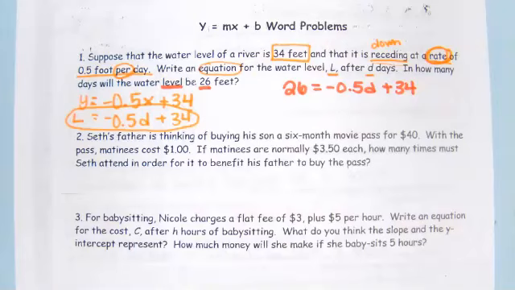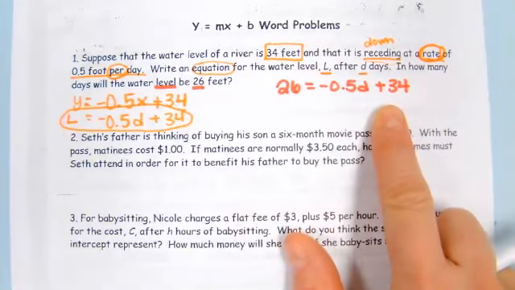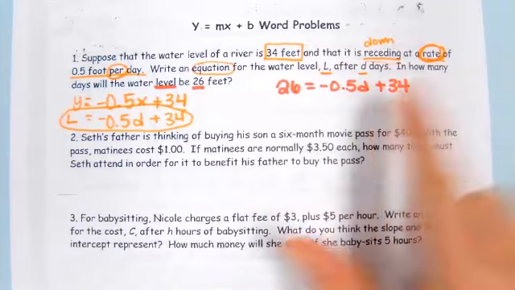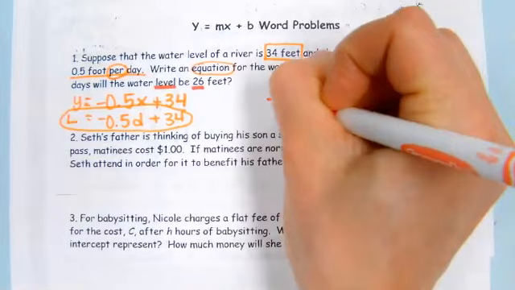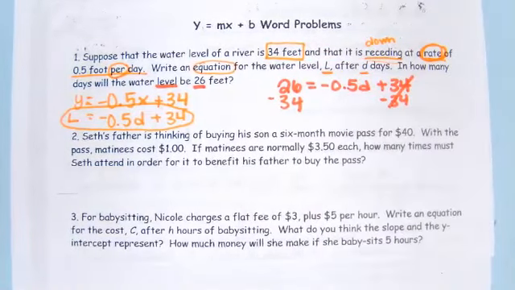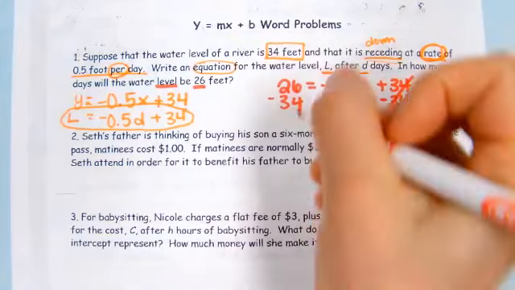Crystal, what happens first? Subtract 34. Remember, we're going to undo these, okay? So we're going to subtract 34 and then subtract it over here. We're going to get a negative number here, so you're going to want to check this. 26 minus 34 equals how much? Go ahead, Aisha. Negative 8.